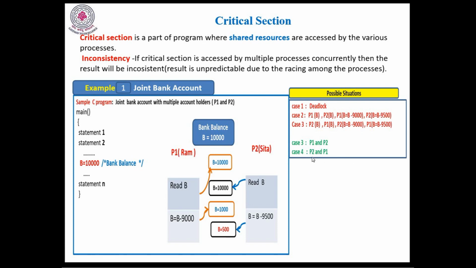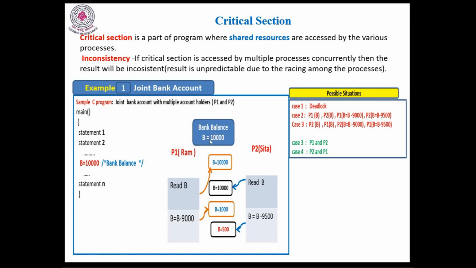The next possible sequence is P2 and P1. Suppose P2 executes first, next P1. What is the possibility we can see here? P2 will access the value. What is the value available? Initially 10,000 rupees, B is 10,000. Then B is evaluated. Now the available balance is 500 rupees.